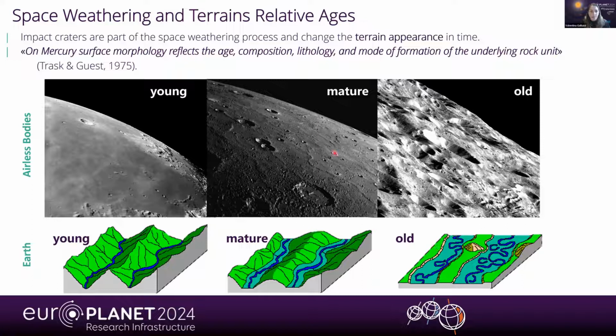So this is an opposite way of judging the terrain age on planetary bodies.